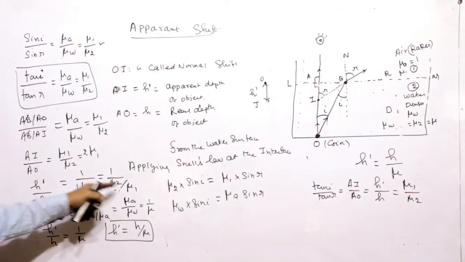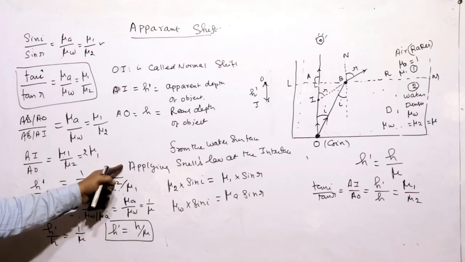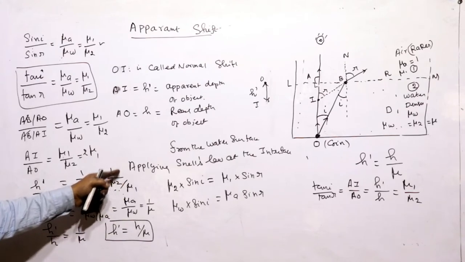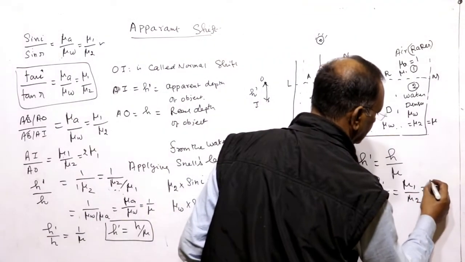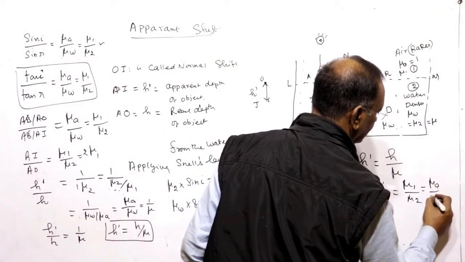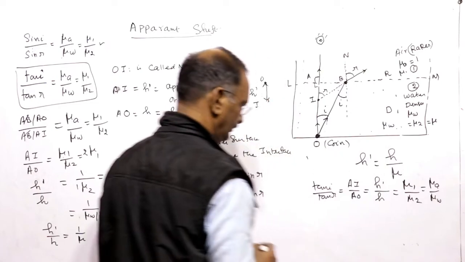That is, H dash by H is equal to the refractive index of the first medium divided by the refractive index of the second medium, which is equal to the refractive index of air by the refractive index of water.